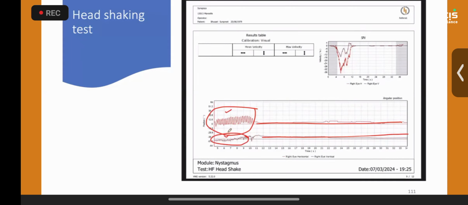So vertically there is little, because exactly they should be moved in the horizontal plane, and then we can see the mean velocity, maximum velocity, and we have to check for nystagmus. Not spontaneous, it is head shaking induced nystagmus.